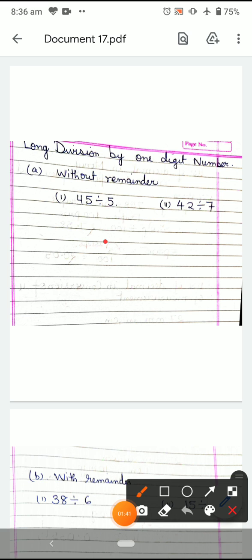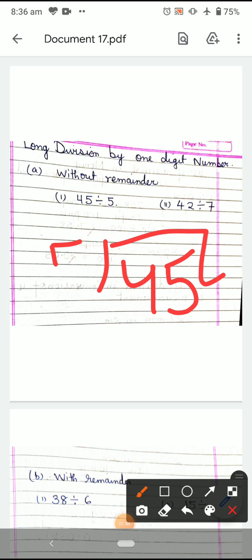There are two terms, 45 and 5. The number by which we divide is the divisor, and the number which is getting divided is the dividend. Whatever number comes as the result of dividing is the quotient.